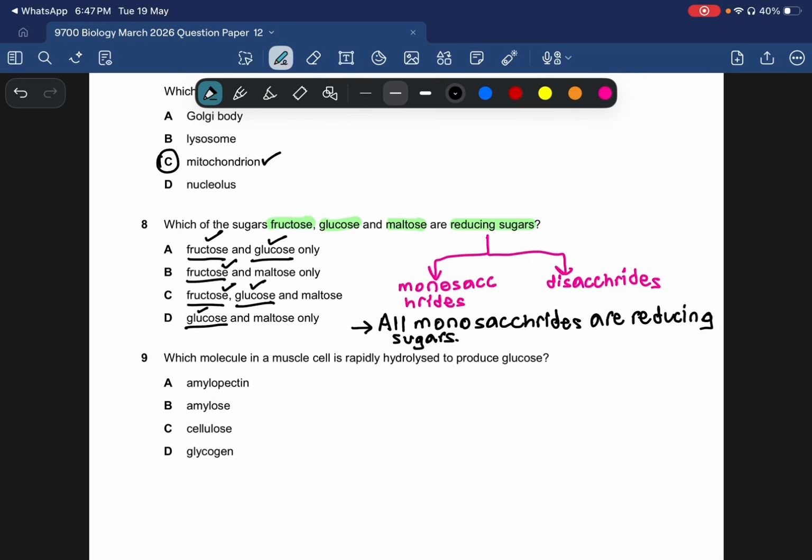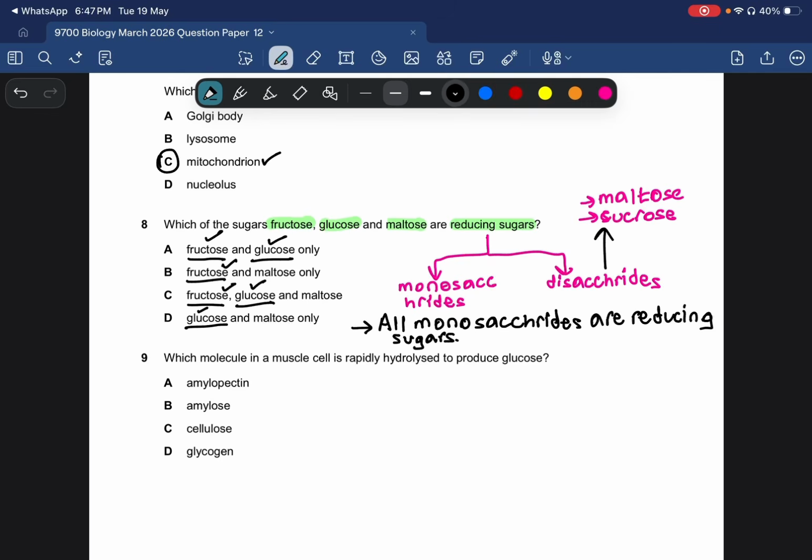How about disaccharides? Now, this is where things get a bit interesting. There are some disaccharides which are reducing sugars and some which are not. You have only learned about two disaccharides, maltose and sucrose.